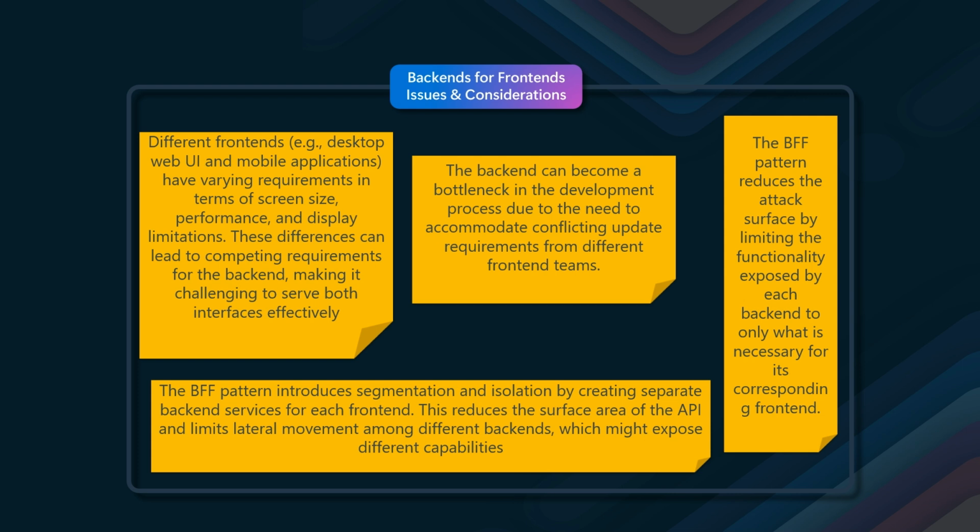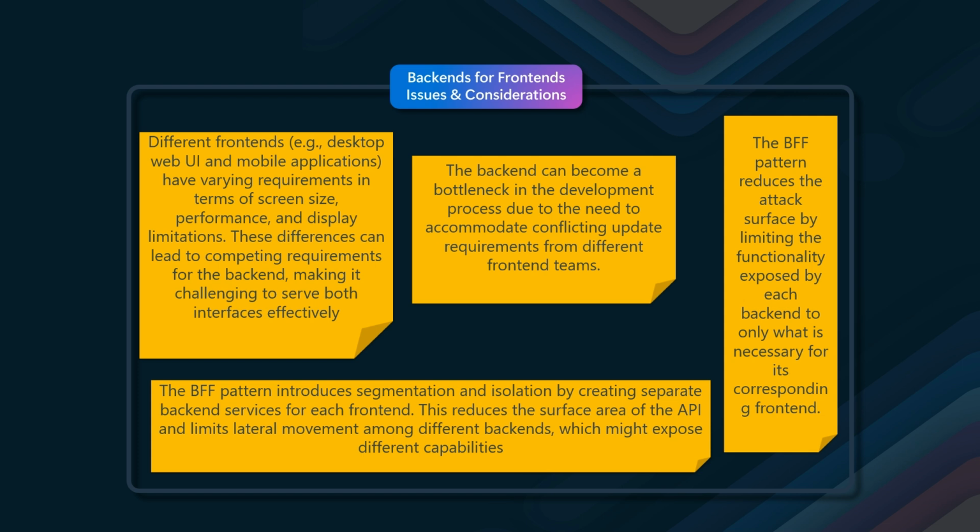The backend for front-end pattern introduces segmentation and isolation by creating separate backend services for each front end. This reduces the surface area of the API and limits lateral movement among different backends, which might expose different capabilities. This separation allows for tailored security and authorization mechanisms for each front end.